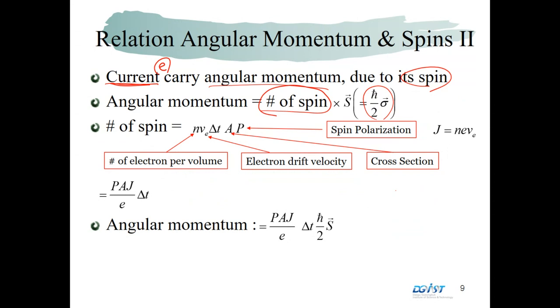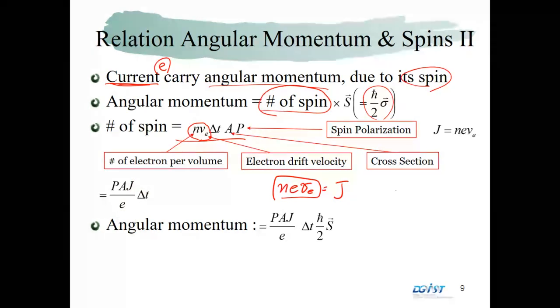And actually, the charge current density is this relation, n e v. So if you divide by the electron charge e, this is n v. So we can rewrite this form to here.